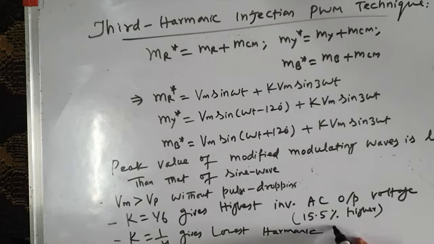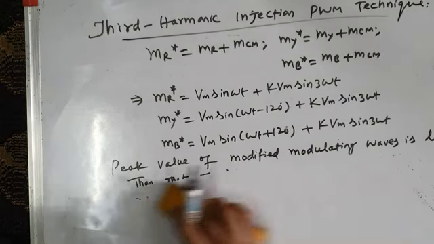So k equal to 1/6 will give the highest inverter output voltage, increasing it by about 15.5%, but k equal to 1/4 will give the lowest harmonic distortion, that is, the best harmonic spectrum of the inverter output voltage. It also increases the inverter output voltage, but not by 15.5%, less than that, about 12%. But it gives the best harmonic spectrum, or the lowest harmonic distortion.